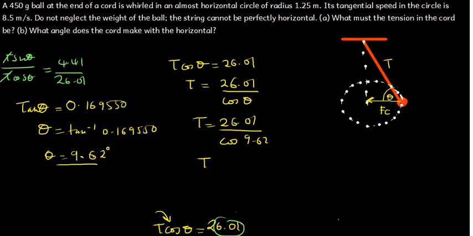So tension is 26.01 divided by cos 9.62, and that gives me 26.38120922, which to three significant figures we can write as 26.4.